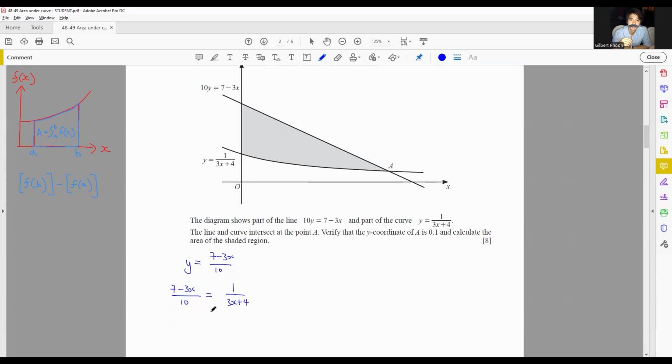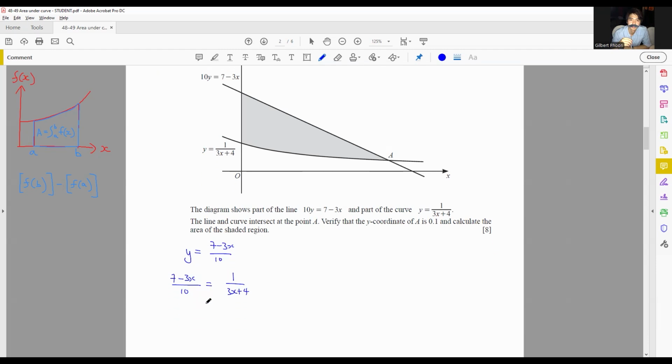Solve the x equation from here. 7 minus 3x multiplied by 3x plus 4 is going to give you 1 times 10, which is just 10. Expanding the bracket here, you have 21x plus 28 minus 9x squared minus 12x.